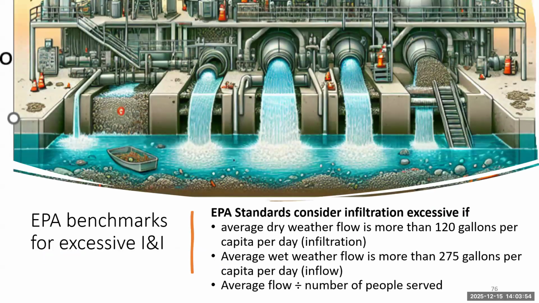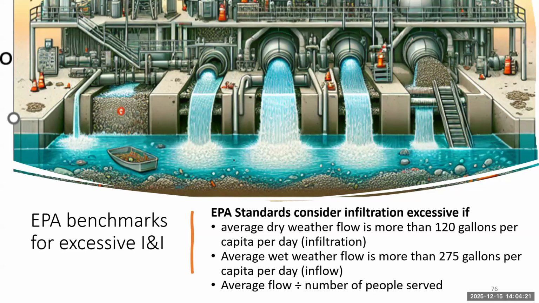We can also compare to the EPA benchmark standard, where they use per capita. And so in this case, you would be taking the average flow and dividing it by the number of people served in that sewer shed. So in the dry weather flow, anything over 120 gallons per capita per day is considered excessive infiltration.